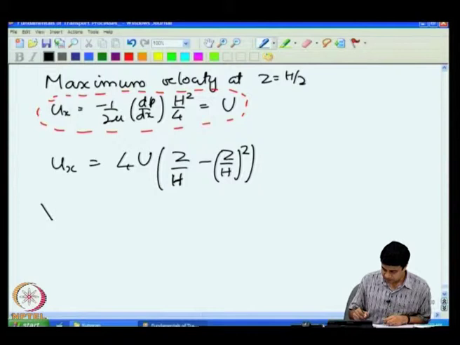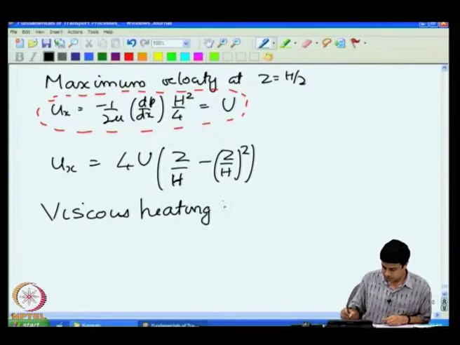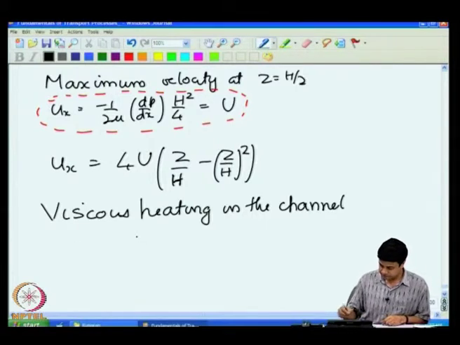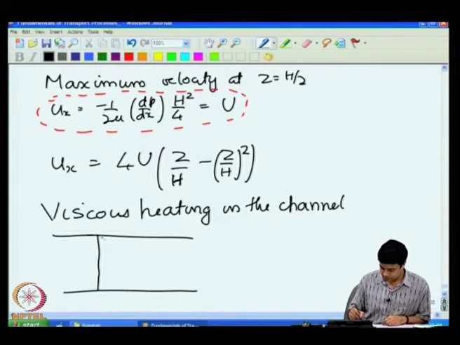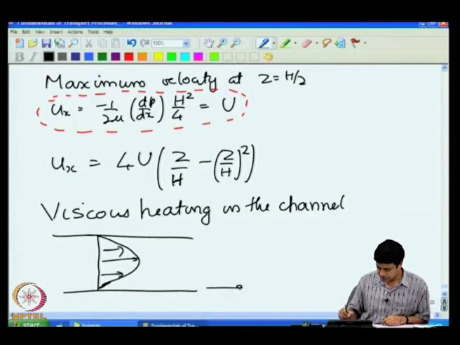So, this is the problem of viscous heating in the channel. Okay. So, I am given a velocity profile. Okay. This is x, this is z.